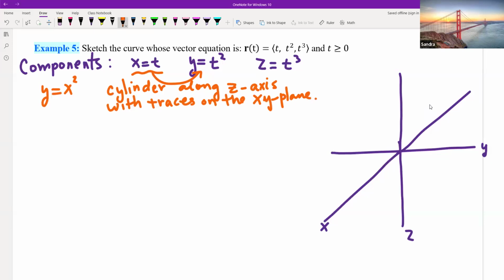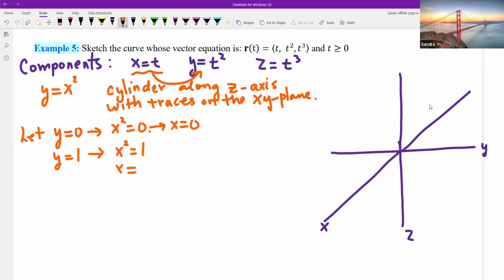If we let y be equal to 0, then I get x squared is equal to 0, which means x is equal to 0. If I let y be equal to 1, then x squared will be equal to 1, so x will be equal to plus minus 1.